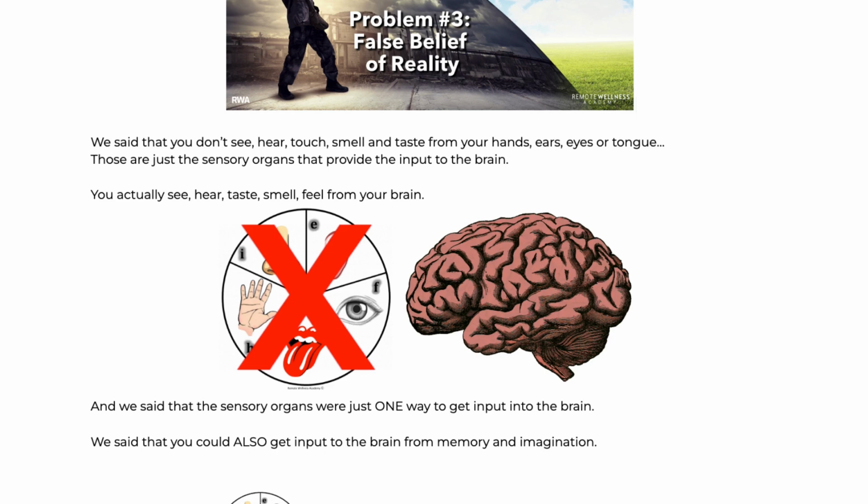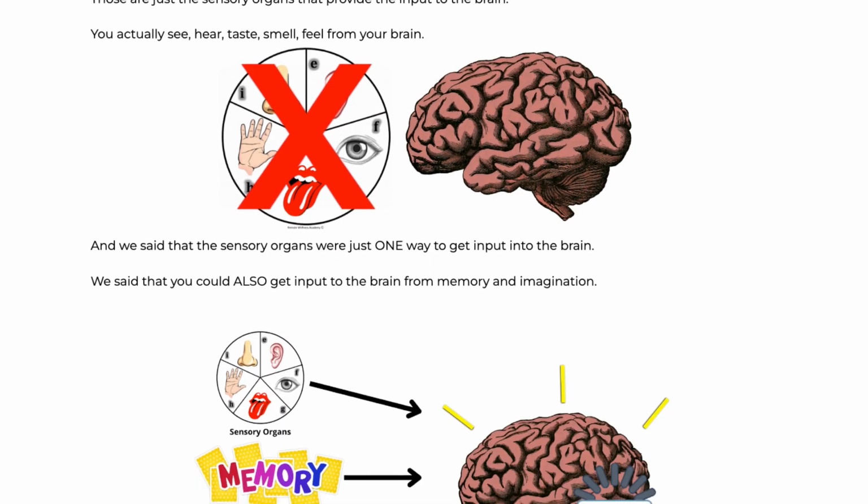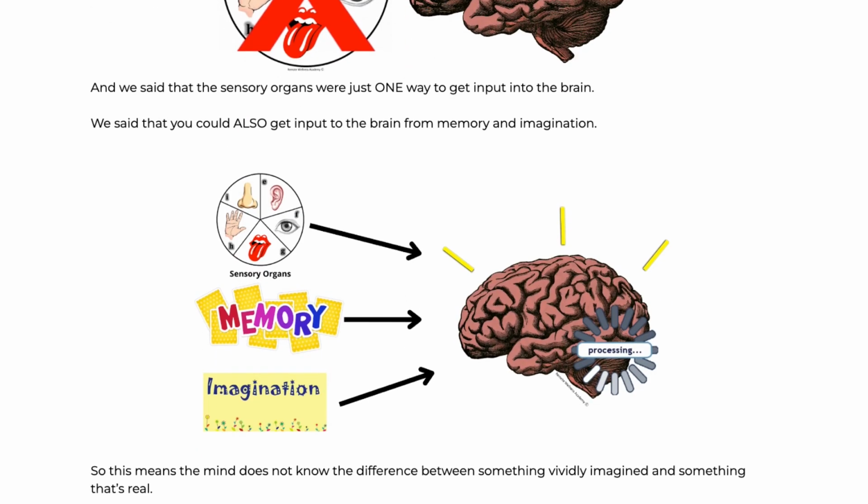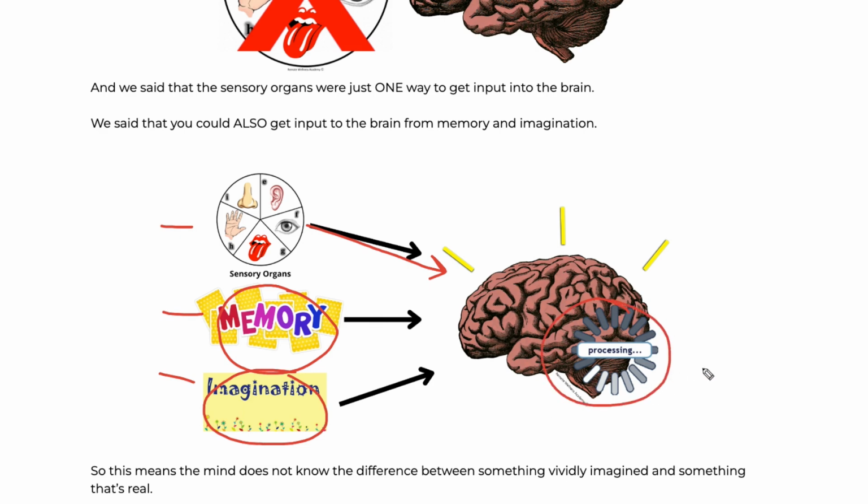That is only one way to get data. Your sensory organs are just one input way. We said there are 2 other ways your brain can get data: from memory as well as from imagination. So these are the 3 ways that your brain can get input, so it can process and run the rest of your life.